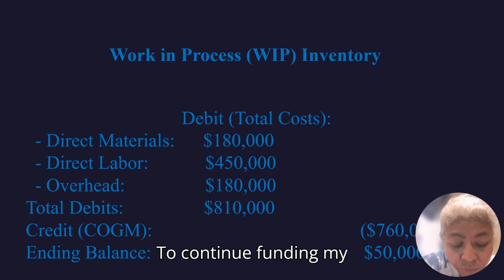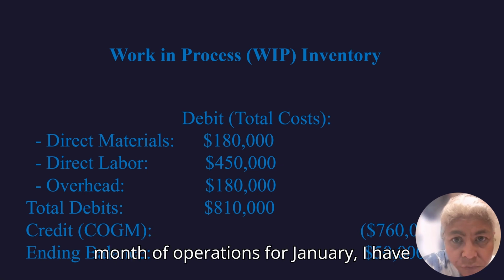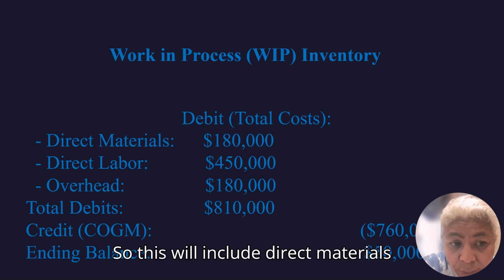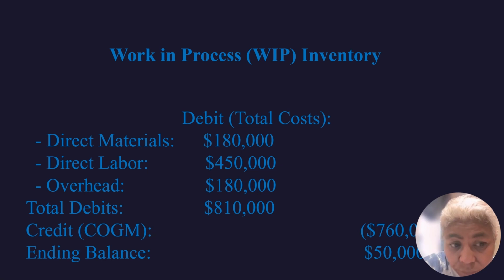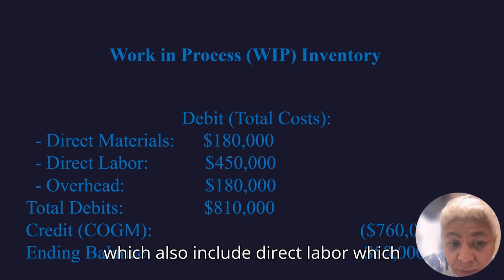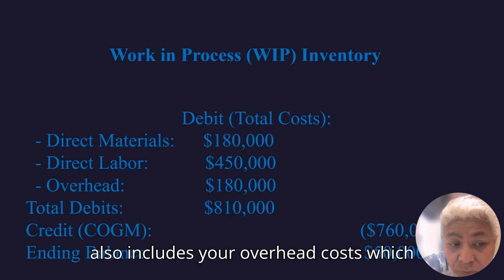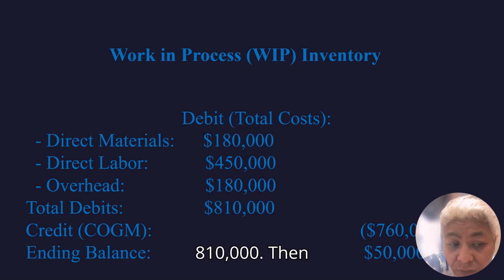To continue finding my inventory balance at the end of January, I have to include work in progress inventory. This includes direct materials, which would be 180,000, direct labor, which would be 450,000, and overhead costs, which would be 180,000. So your total debits would be 810,000.